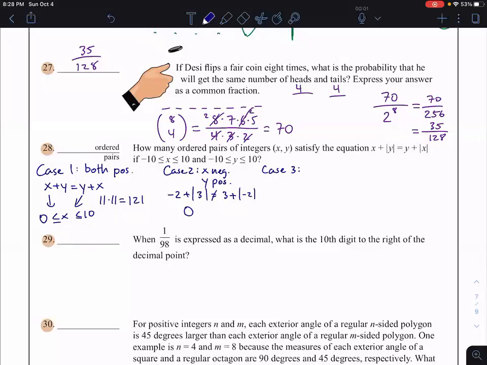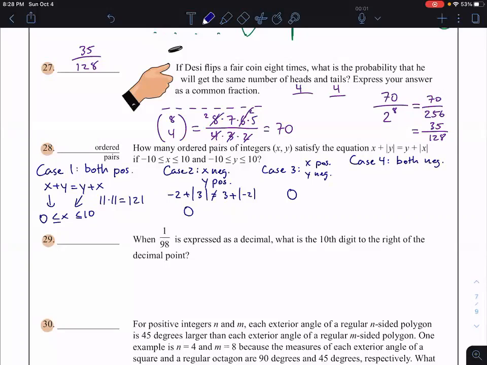And then case 3 is basically the same as case 2. So you have x positive and y negative. And just like case 2, nothing will work out. So you have 0. Finally, you have case 4, and that's when both are negative.